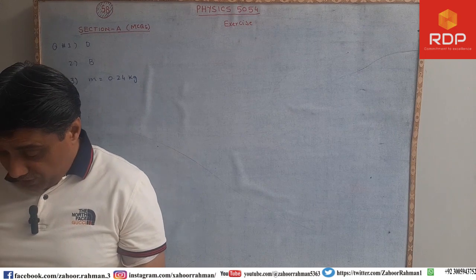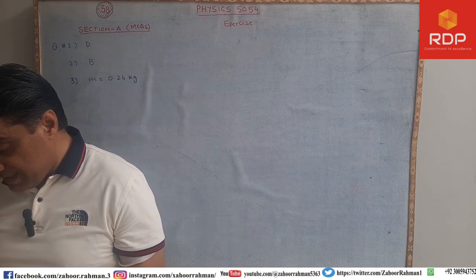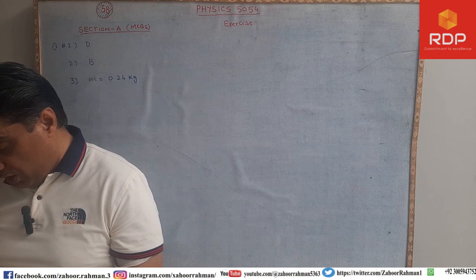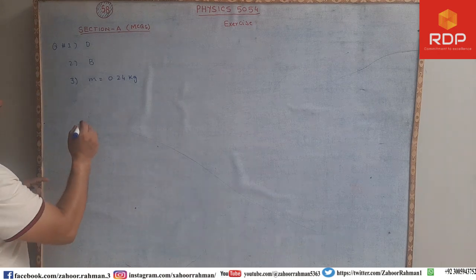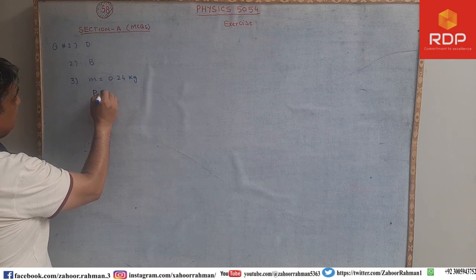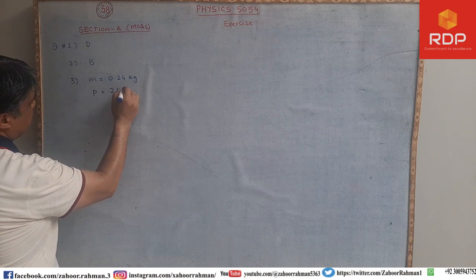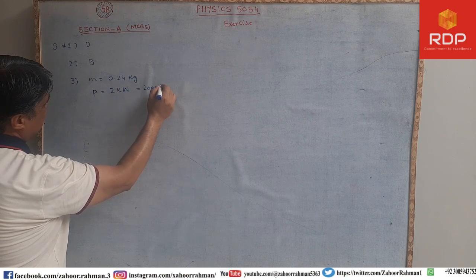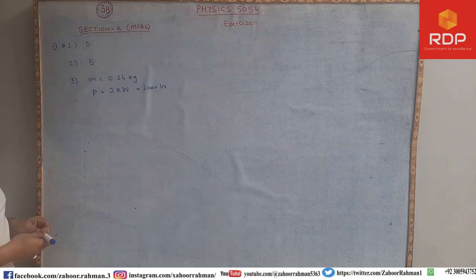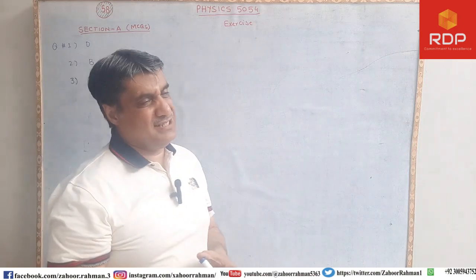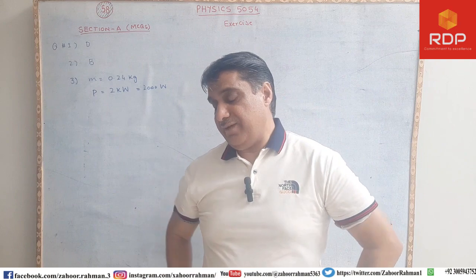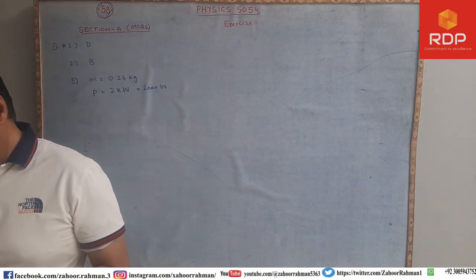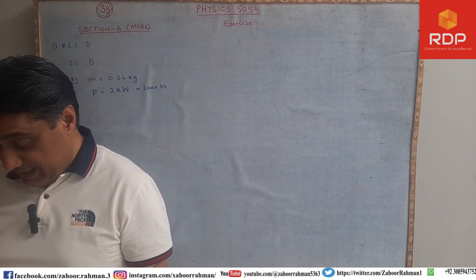And further, the question is saying a brass cylinder is heated using a 2 kilowatt heater. So power is equal to 2 kilowatt. You can write it as 2000 watt as well, because the kilowatt is the bigger unit and watt is the standard unit. So we can calculate it like this.